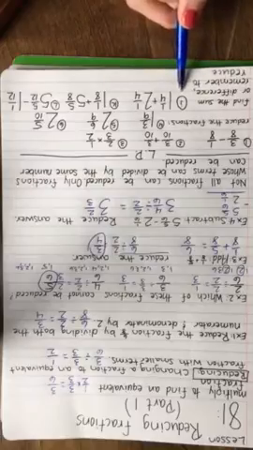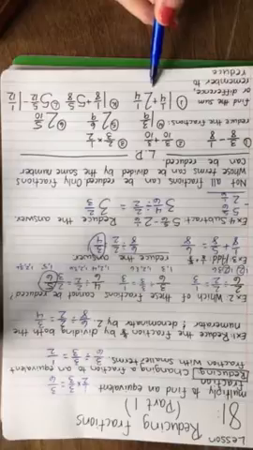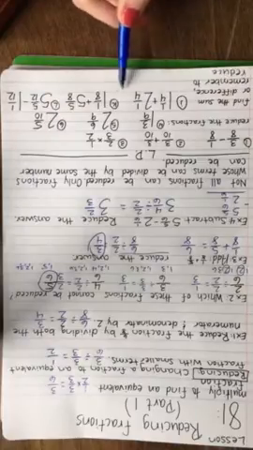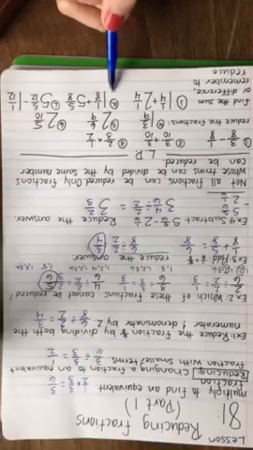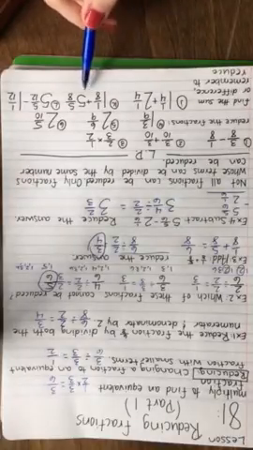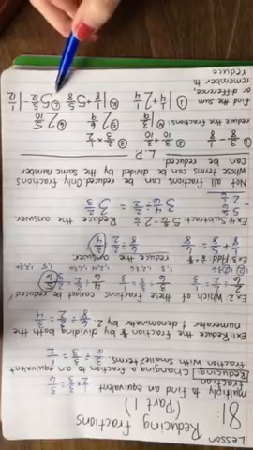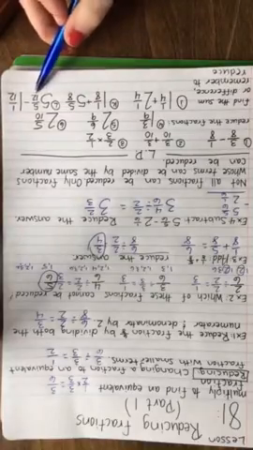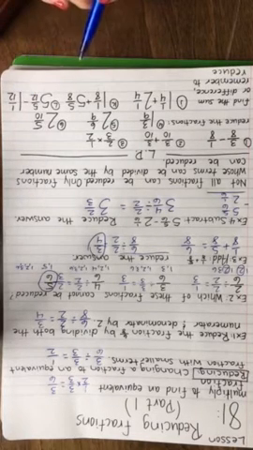For 7, it's 1 1/4 plus 2 1/4. I'm sorry, number 8, 1 1/8 plus 5 5/8. And number 9, 5 5/12, take away 1 1/12.